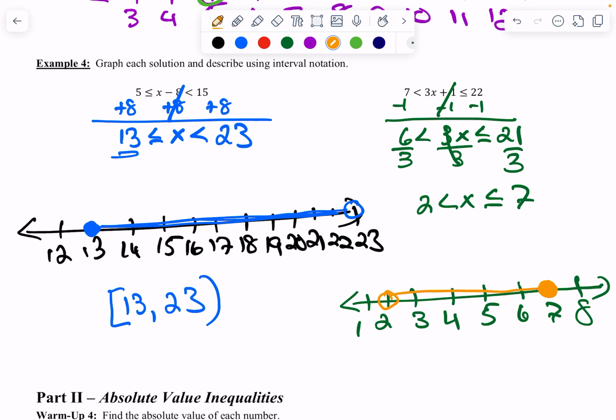And all the numbers in between. As interval notation, we start on the left with a 2 that is not included, so it's parentheses 2. 7 is included, so bracket.